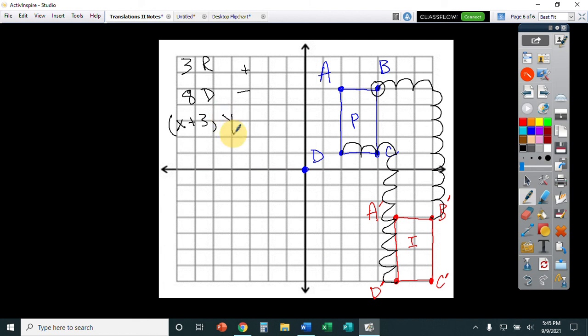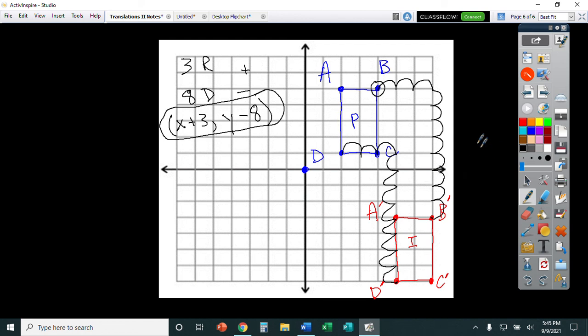And I took all the y-coordinates of the pre-image and I subtracted or moved them down 8. And this is the rule for this particular translation. And guys, that's all there is. Okay. And that's what I mean by a rule.